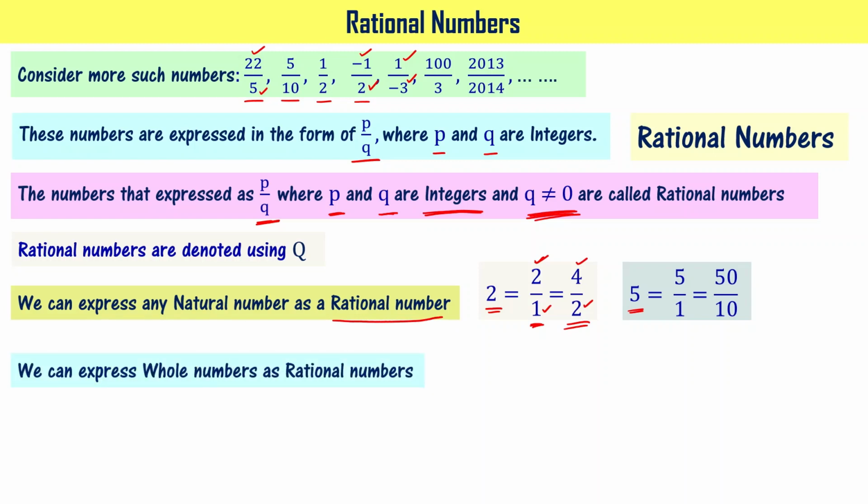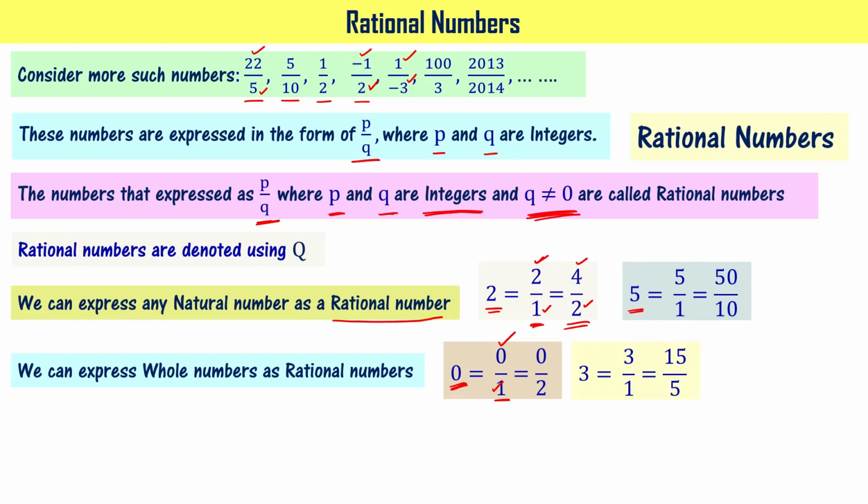Similarly, we can express whole numbers as rational numbers. When you think about whole numbers, the number that first comes to your mind is 0, right? 0 can be written as 0 by 1 or 0 by 2, 0 by 10, 0 by 1000, right? 0 divided by anything is equal to 0, right? Here you see 0 is an integer and 1 is an integer. That's why its ratio is called a rational number, right? It means we can express a whole number like 0 as a rational number, right?